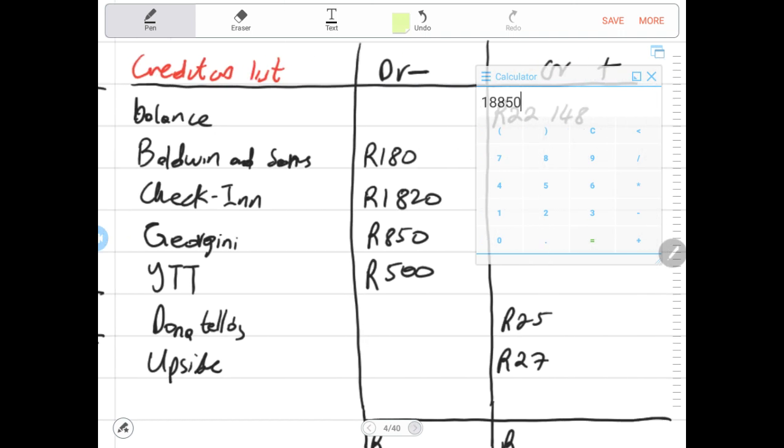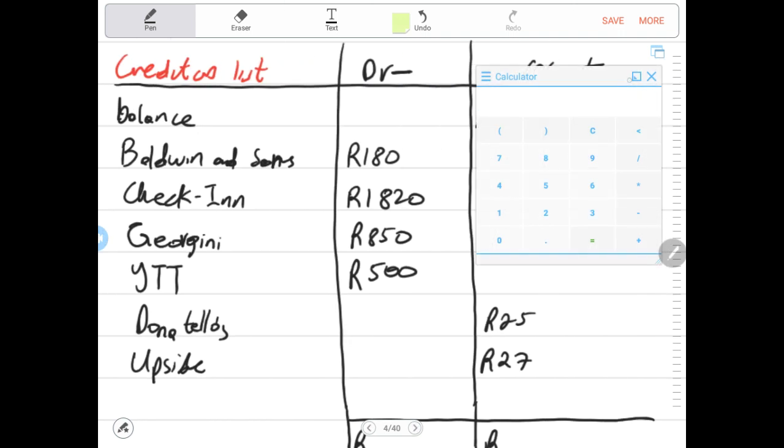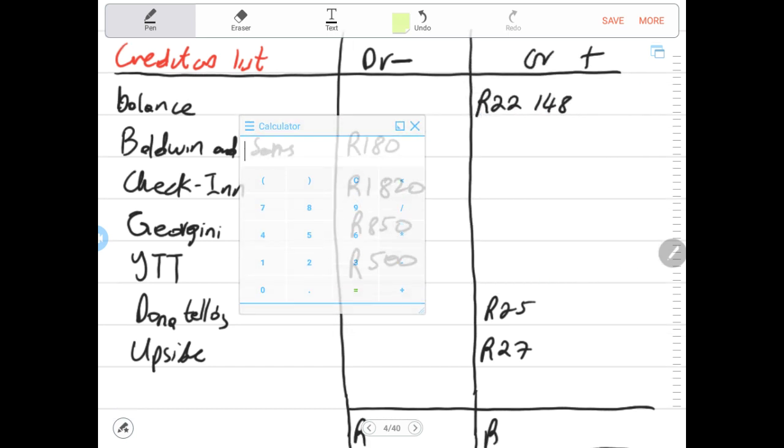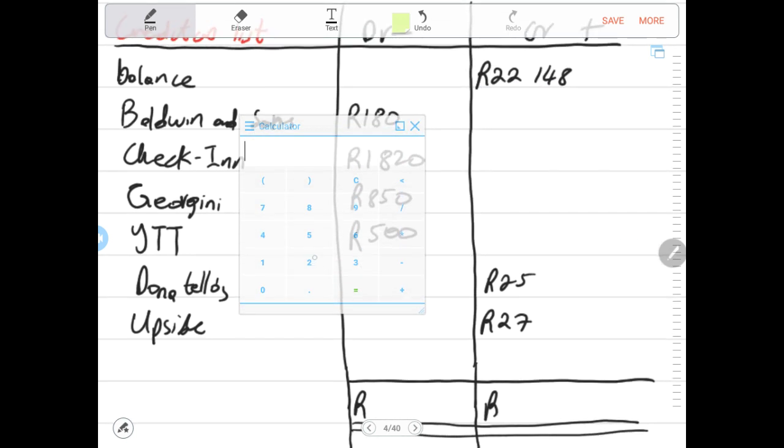Balance brought down. Then we come to our list of creditors. Again, the credit side will be bigger. 22,148 plus 25 plus 27.